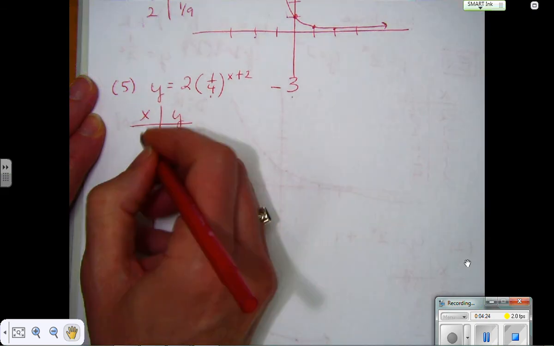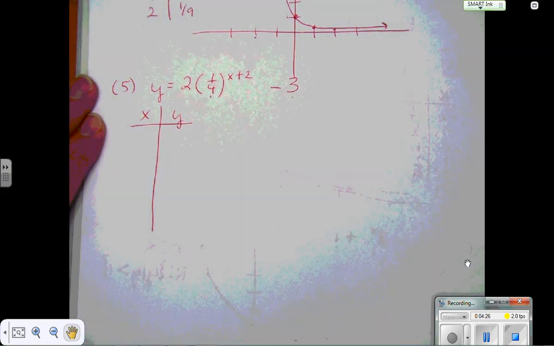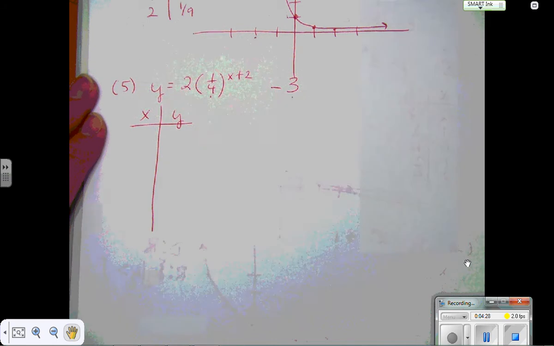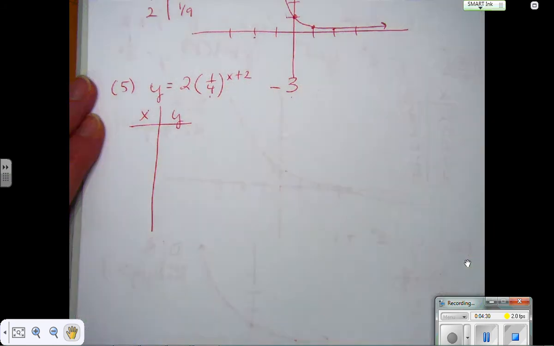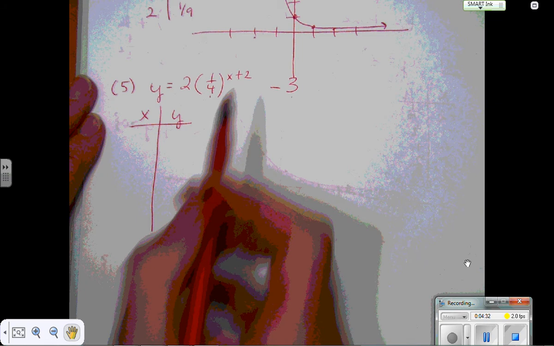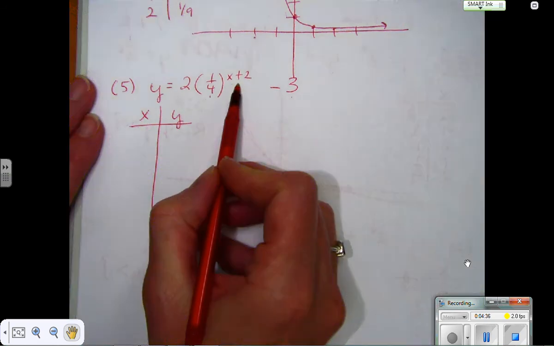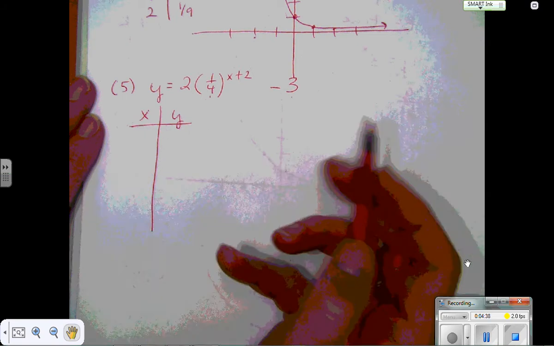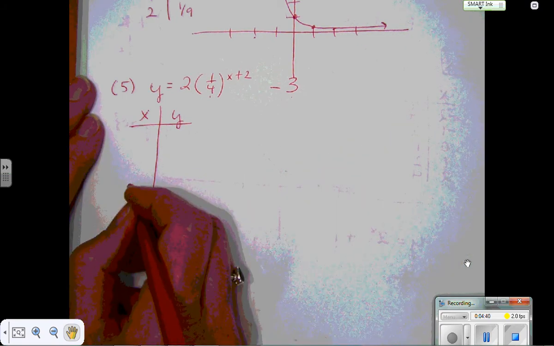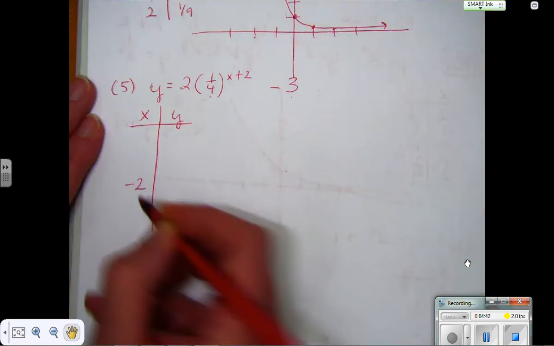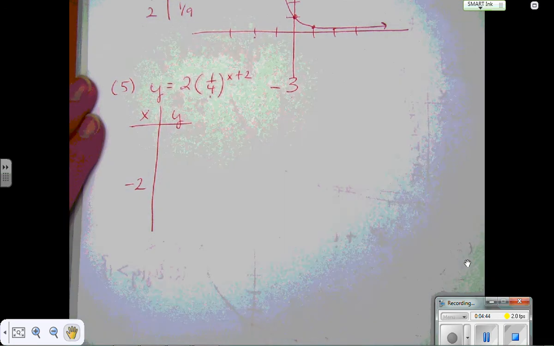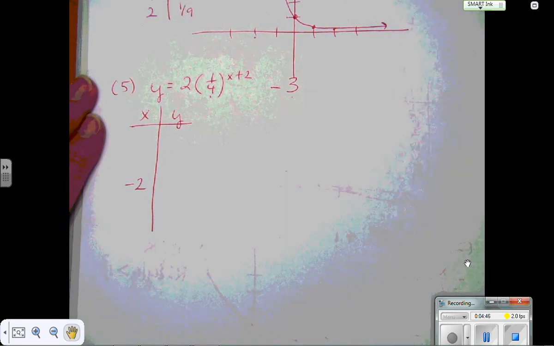Now, on this one, since I have some transformations taking place, instead of using those same 5 values that I did before, I want to look at my exponent and think about what I should put in for x that's going to make that 0. And that's going to be a -2. And I'm putting it in the middle because I probably am going to choose some values for x that are smaller than that and probably a couple that are larger also.